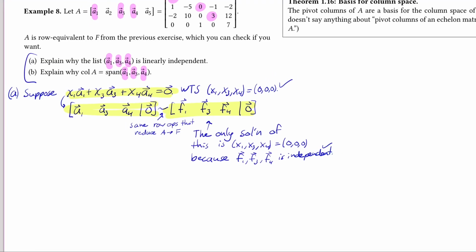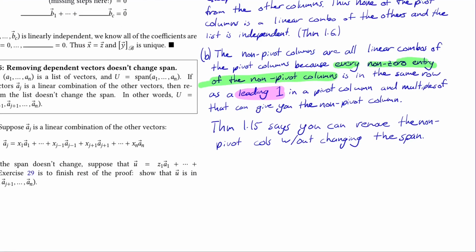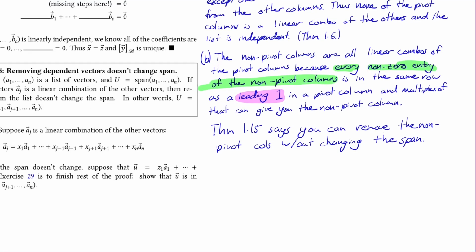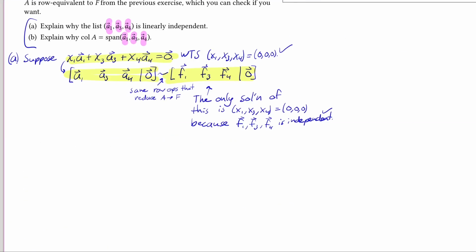Let's explain why the column space of A is equal to the span of A1, A3, and A4. So we're going to make basically the same argument as before with part B, because we know from part B that all of the non-pivot columns are linear combinations of the pivot columns, right?